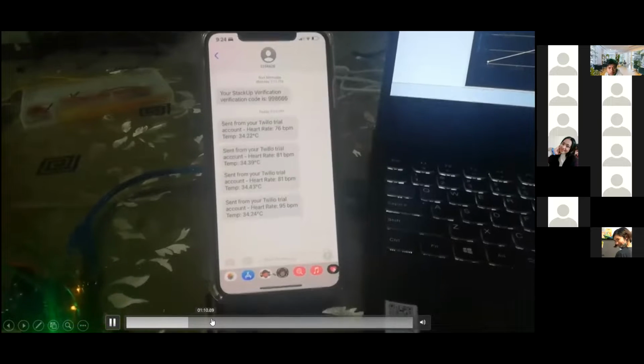So, bale sir, yung progress po ng project namin, actually tapos na po siya. So, yung demo lang po, pinapakita niya lang na gumagana na rin yung project.